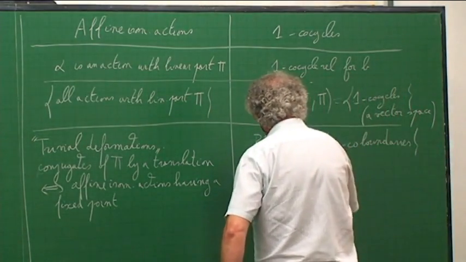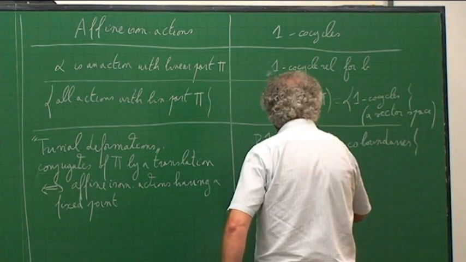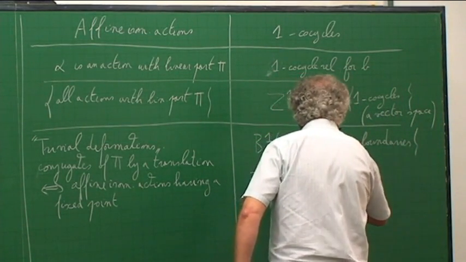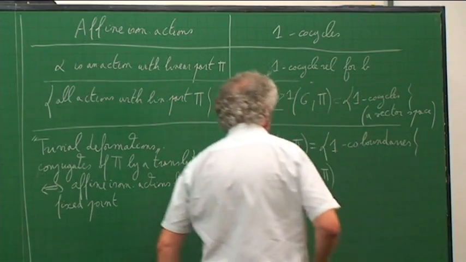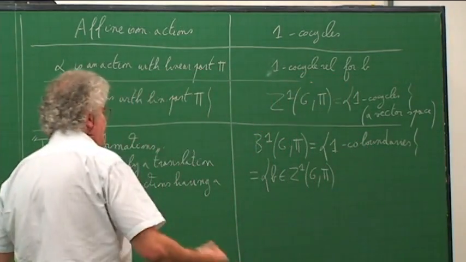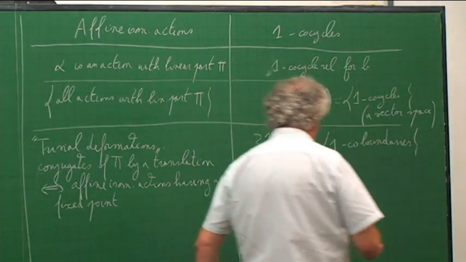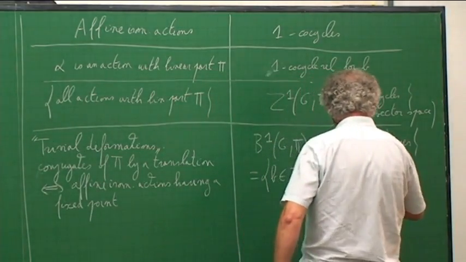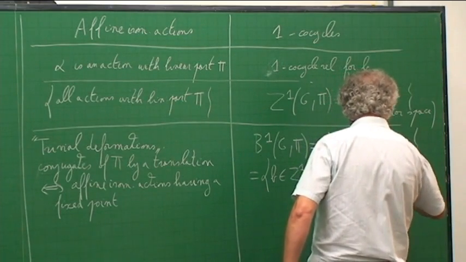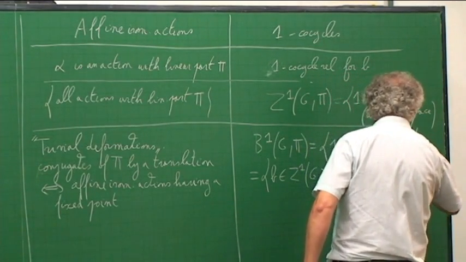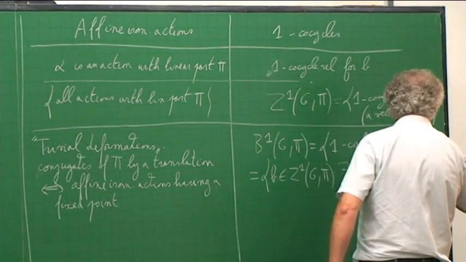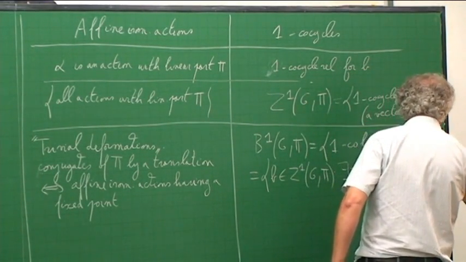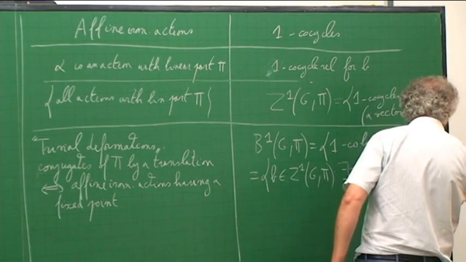This is the set of 1-cocycles b which are inner, in the sense that they are given by a vector in the Hilbert space. There exists a vector v in H such that b(g) is pi(g)v minus v.